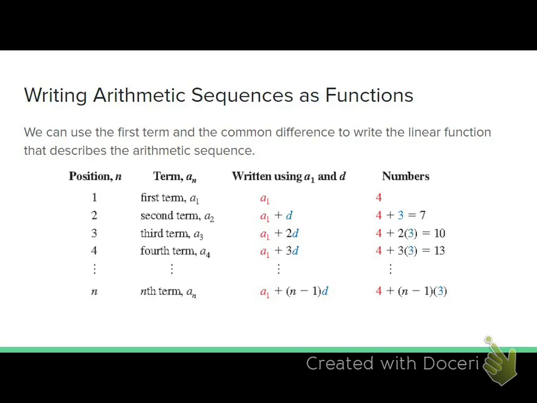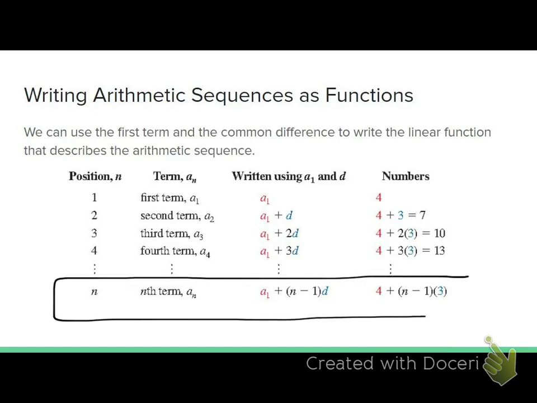Okay, so those first few rows are helpful. The one that I consider to be most important is going to be this last row, because that gives it to us in the most generic way.